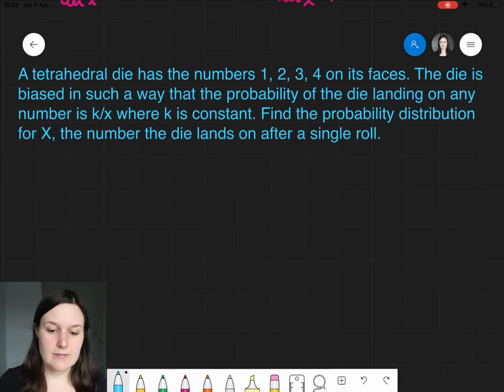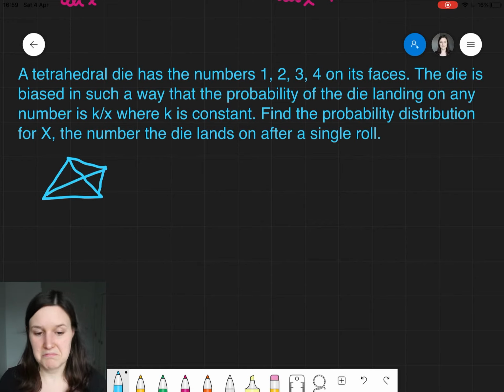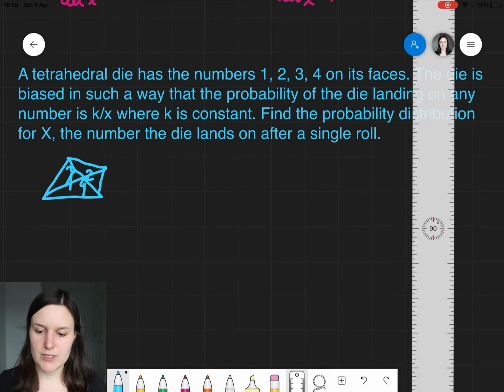Okay, so I have a weird die here. It's just a tetrahedral die, which means that I have 4 faces: 1, 2, 3, 4. That's the only result I could get. And I would like to find the probability distribution, so my distribution table.